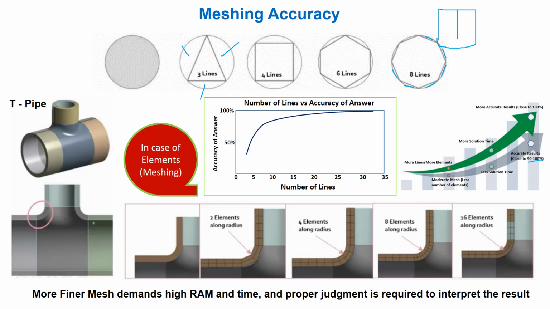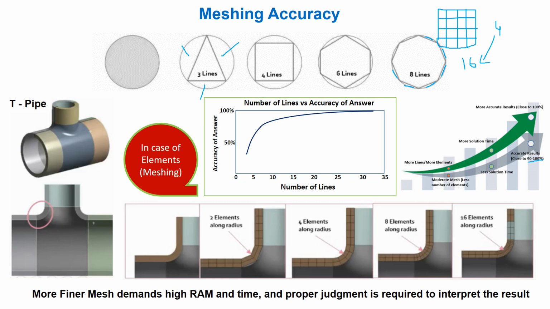In brief, if we consider this mesh, only 4 elements are covered here, but if we put more elements, the accuracy is higher, and the number of equations here is 16, almost 4 times, so more equations and more accuracy. So in brief, if the number of lines is higher, the accuracy is higher, but we need more time and highly sophisticated computational facilities.